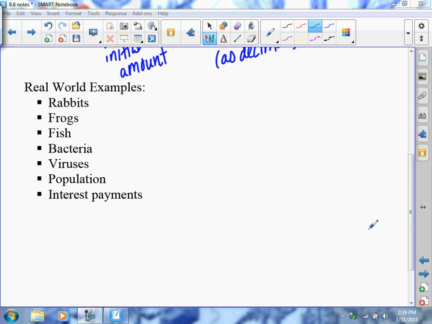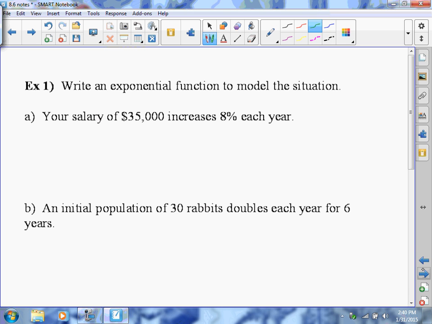Okay, rabbits and frogs and fish, bacteria, certain types of viruses, the population of people, interest payments. These are all good real-world examples of animals or other cases where you see exponential growth in the population. So we might see some of those examples here.